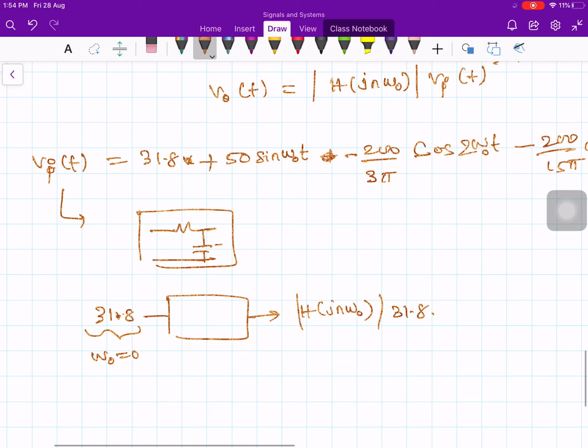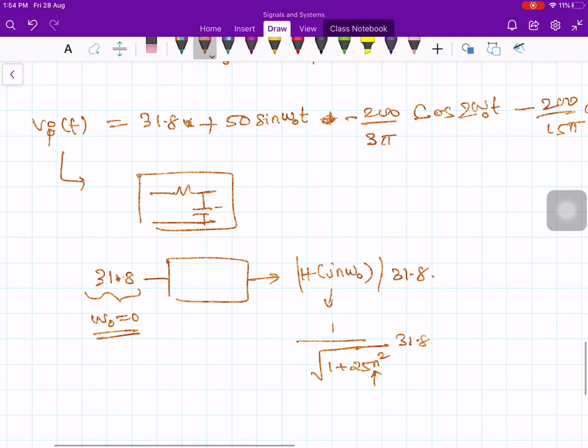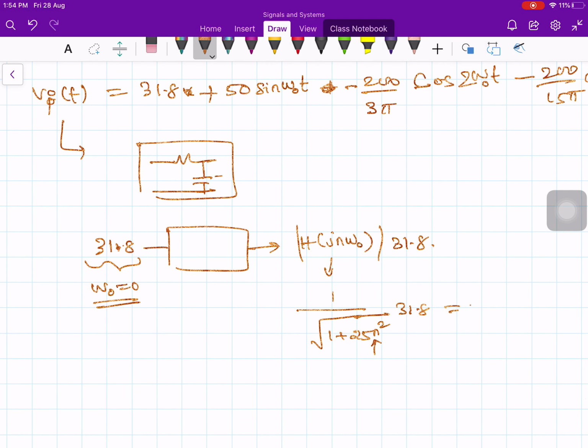Omega naught is equal to 0 because it is a DC term. So H of n omega naught is equal to 1 by square root of 1 plus 25 n square times 31.8. If we substitute n is equal to 0, then in the output also you will get 31.8. So input is 31.8 volts and the output is also 31.8 volts.